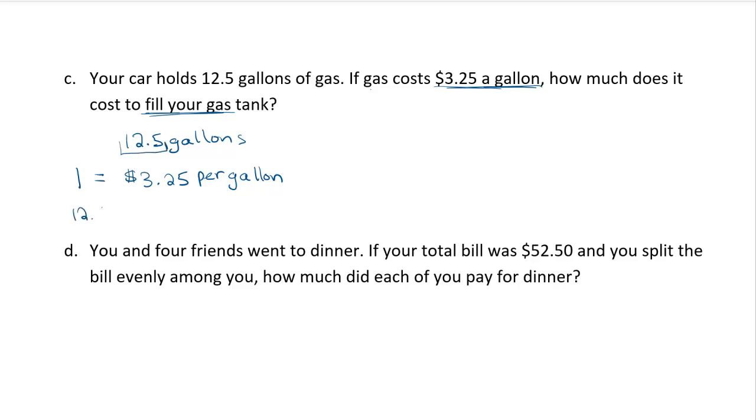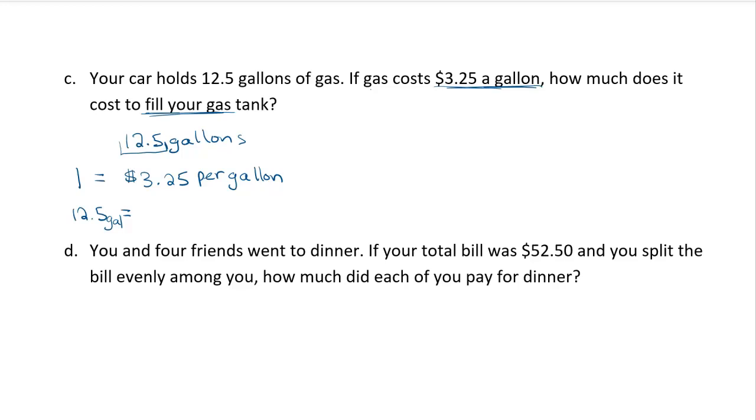So I'm going from the cost of 1 gallon, right, to the cost of the amount in my tank. So 12.5 gallons. Well, that looks bigger, a bigger number to me, right? We're starting at 1 and going to 12.5. So remember I said, if your number's going up, you have to use multiplication.